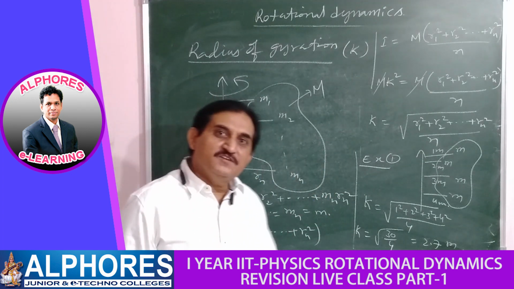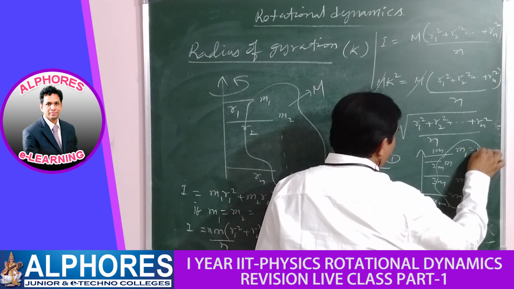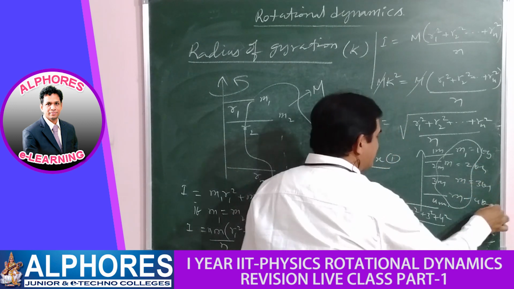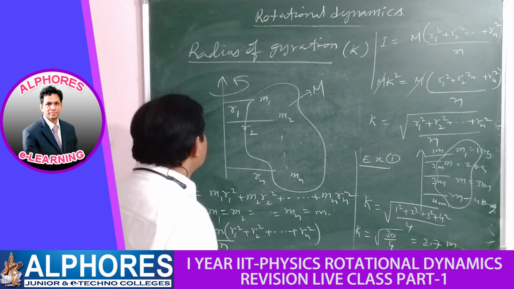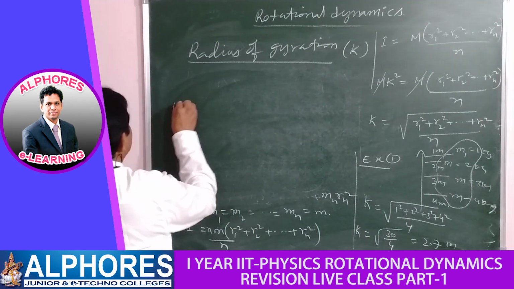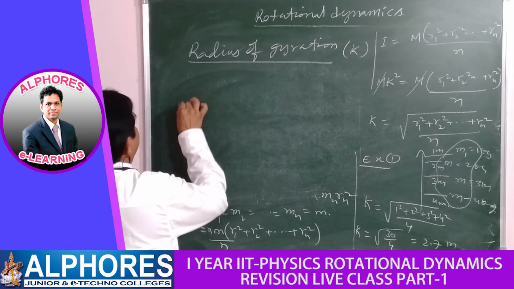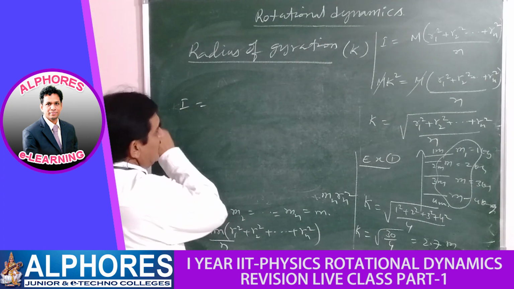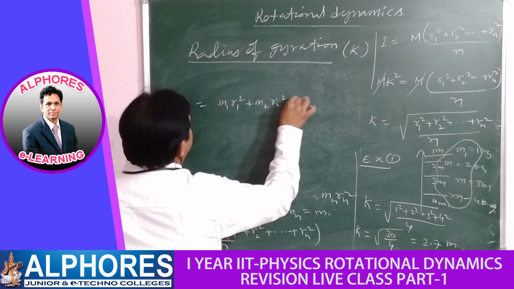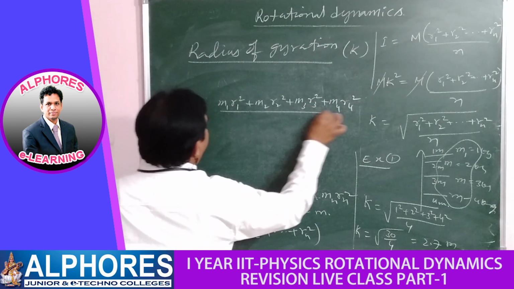Suppose they are not identical in mass, say the masses are 1 kg, 2 kg, 3 kg and 4 kg. Then how do you find the radius of gyration? First of all, let us estimate the moment of inertia: I is equal to m1 r1 square plus m2 r2 square plus m3 r3 square plus m4 r4 square.